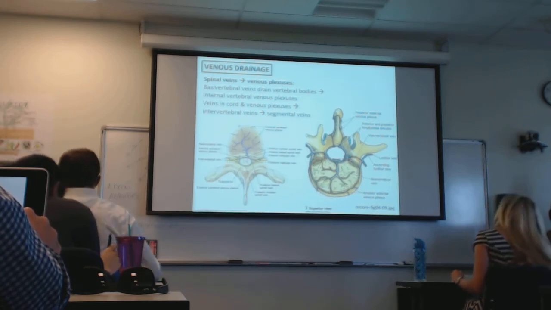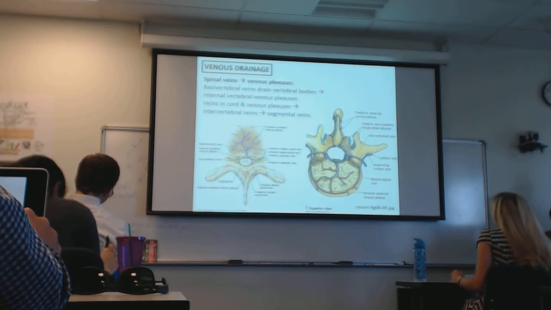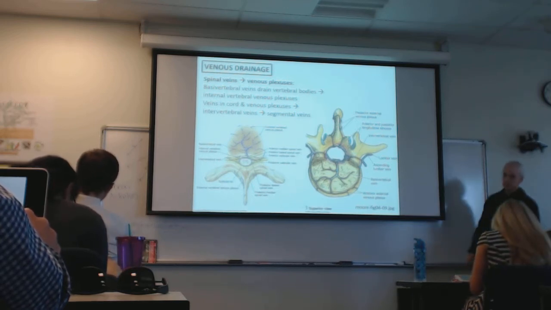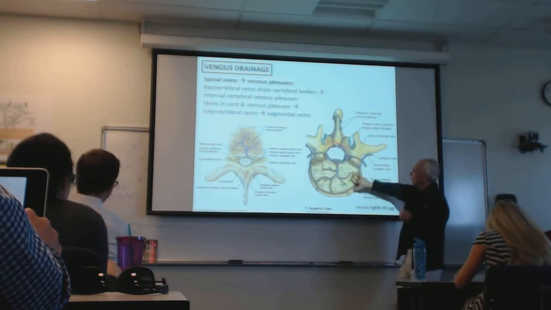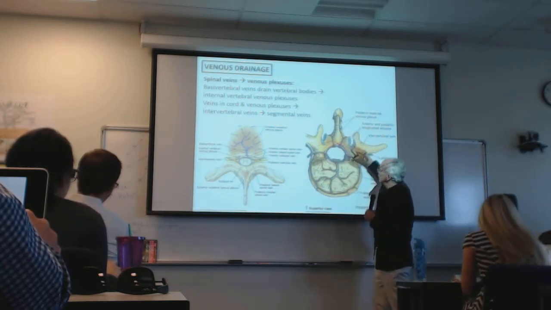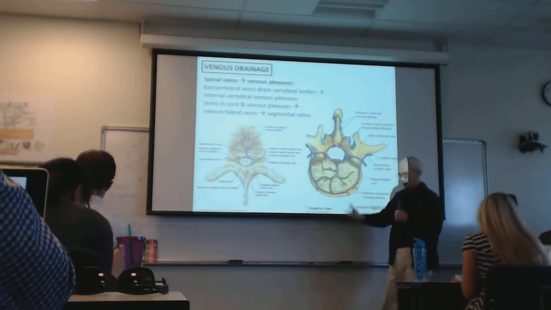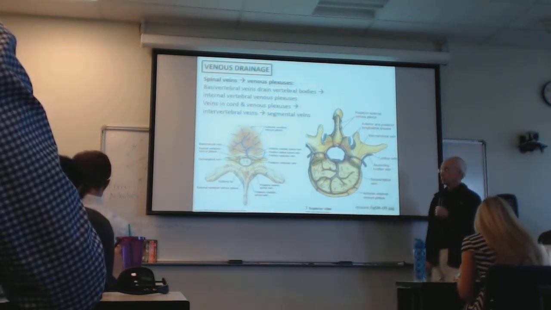empties in, and they go by a variety of names, these vertebral veins, sinuses, or plexuses. I don't care which term you use, but in general, what we're saying is the drainage is to the center into these large conduits, veins, sinuses, or plexuses.